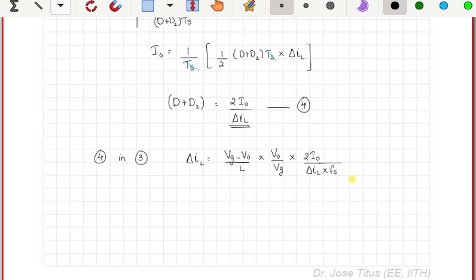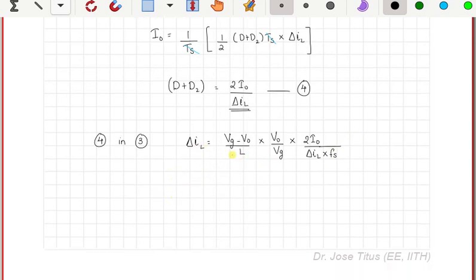Now we have only the varying term, which is Vg, on the right hand side. All other terms are fixed, so we may use this expression to evaluate the value of L. So we can bring L to the numerator. So this will then give us L, or let us look at what is the value of delta IL max. So I take delta IL from the denominator to the numerator.